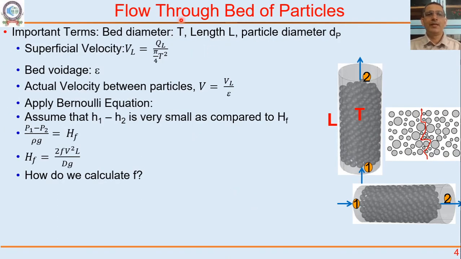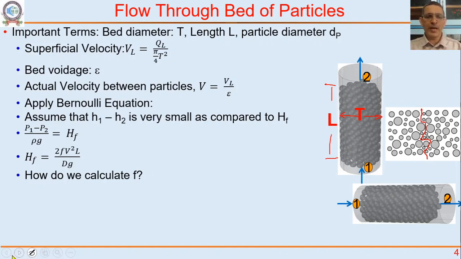Imagine that there is a bed of particles. You see, this is a bed of particles. Now, let's say capital T is the bed diameter, the diameter of this column of this bed. L is the length of the packed section. This bed could be vertical, it could be horizontal.